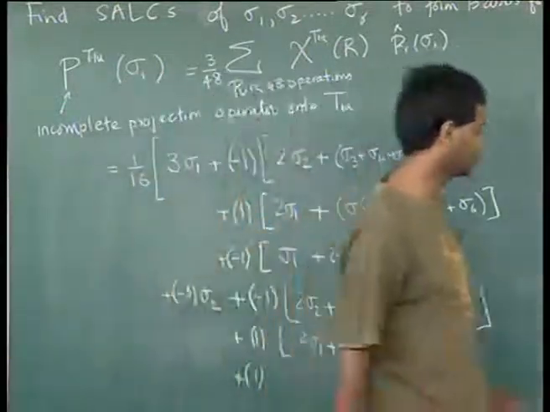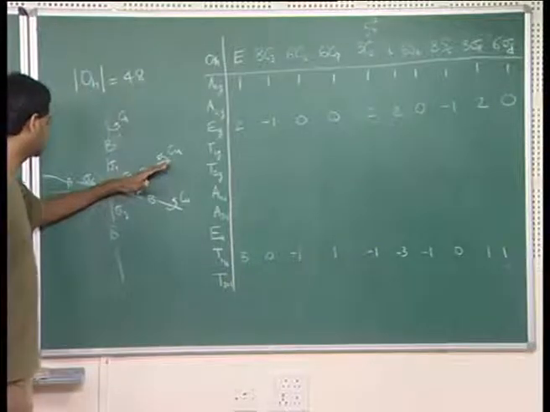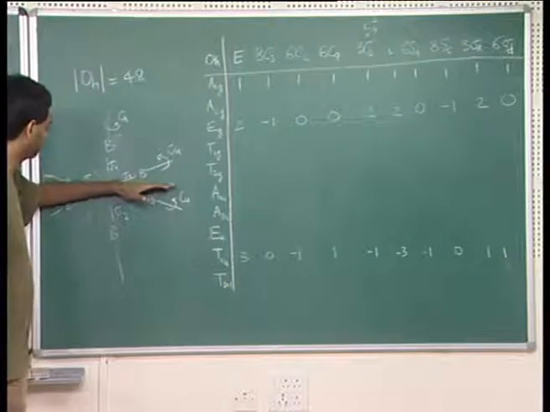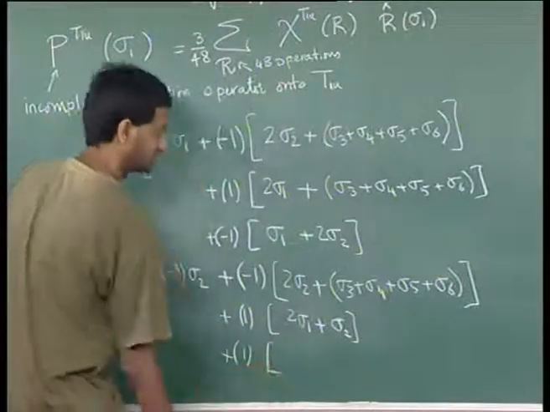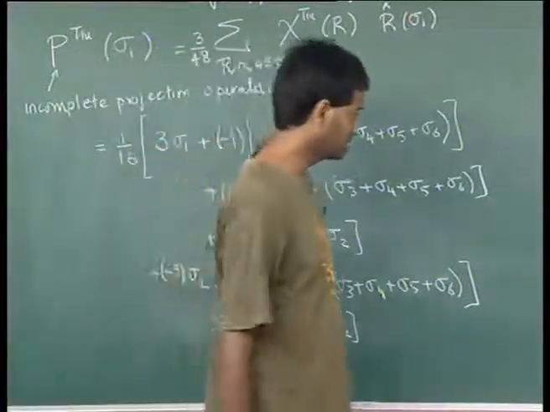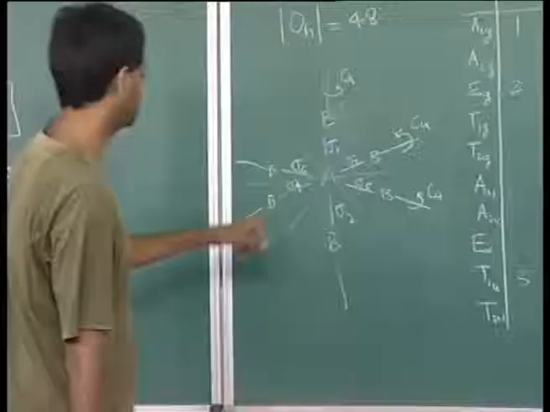Sigma d corresponds to the planes bisecting the bonds, and there are 6 of them.